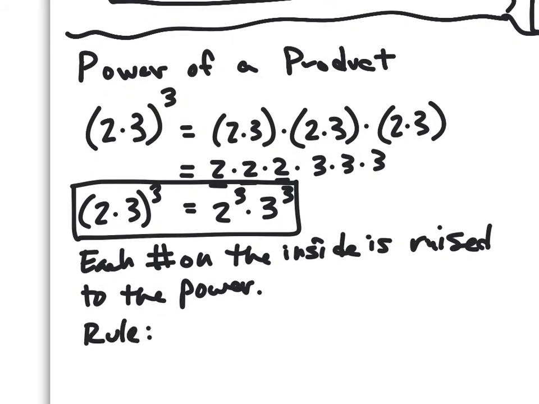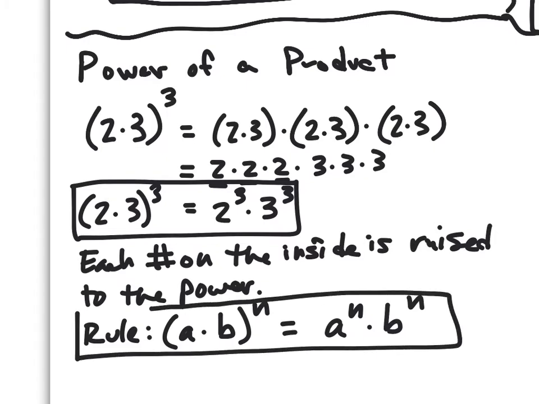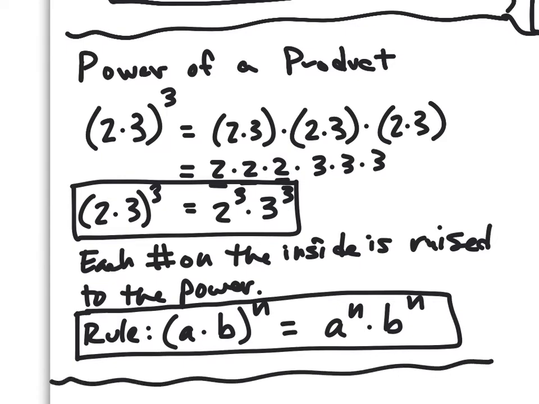My rule is if I take a times b and raise it to the nth power, then I'm going to take a to the nth times b to the nth. And that's my rule. So you don't have to write these out every single time, and it's going to get to a point in this class where you're not going to want to write them out. But always refer back to this list. It'll help.